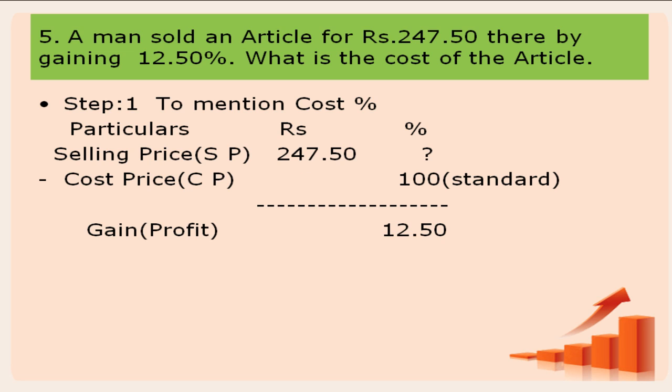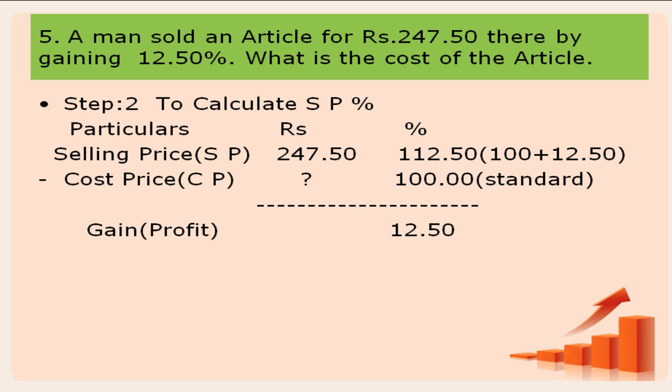To mention the cost price percentage, for all situations cost price percentage is fixed or standard, that is equal to 100 percentage. So gain or profit is 12.50, cost price percentage is 100. So we can calculate selling price percentage in the next step.